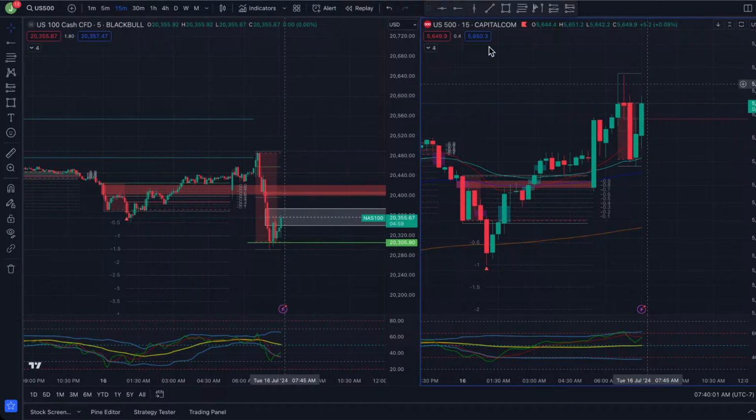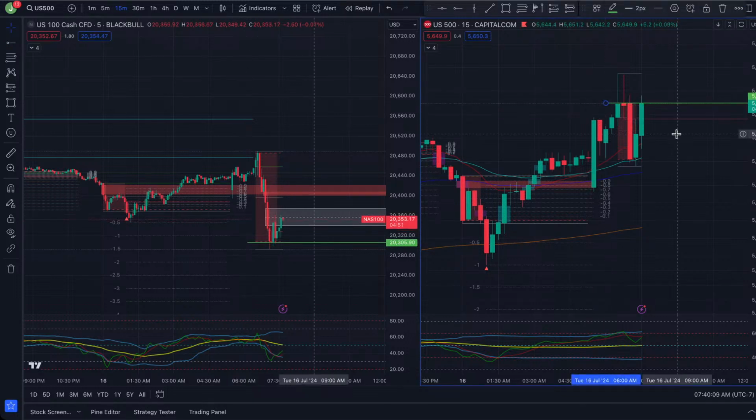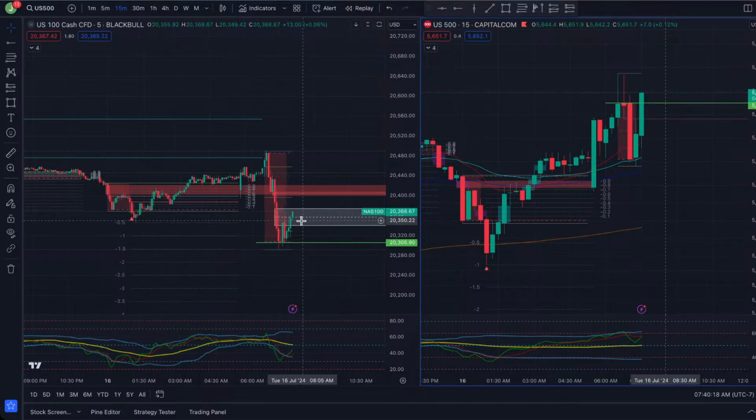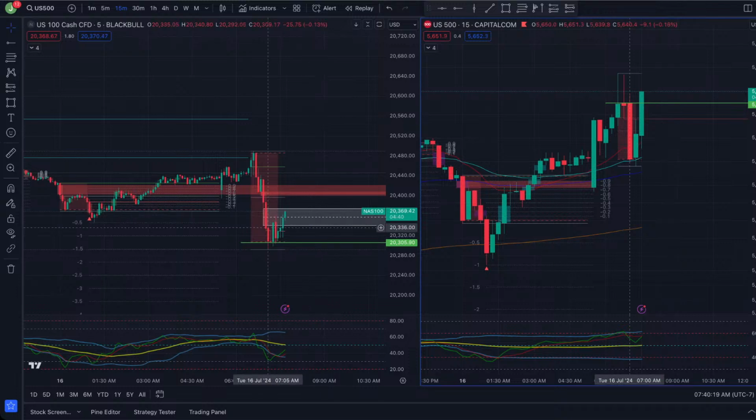US 500 also giving us some straight lines here. Having a tough time getting over that. That is pushing through.